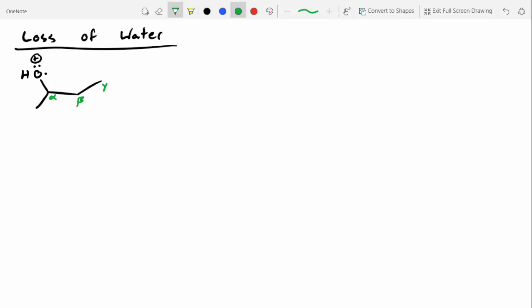So let's take a look at this. In our gamma position, we've got some protons, right? So I'll just draw in our gamma protons. What ends up happening is that this oxygen radical will abstract a gamma proton. Why?